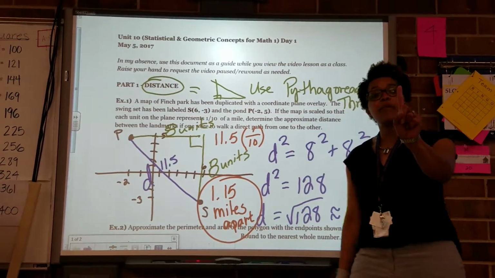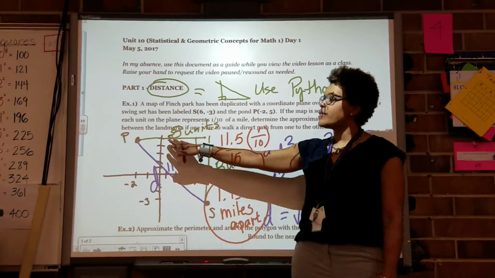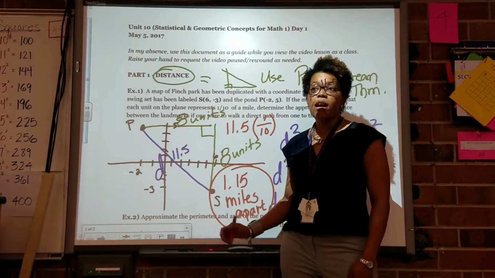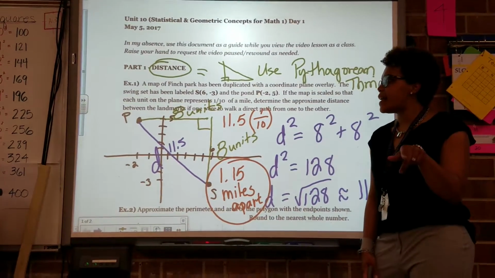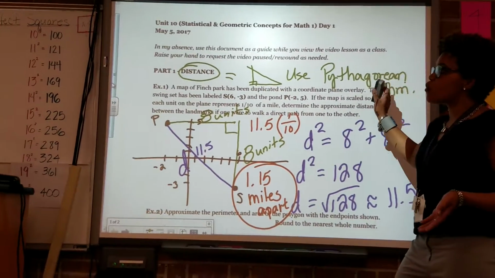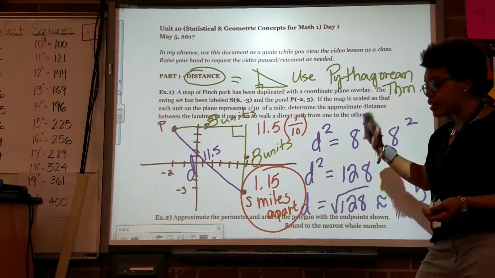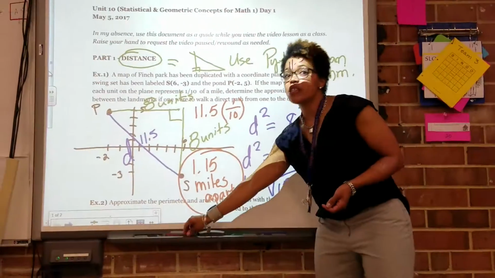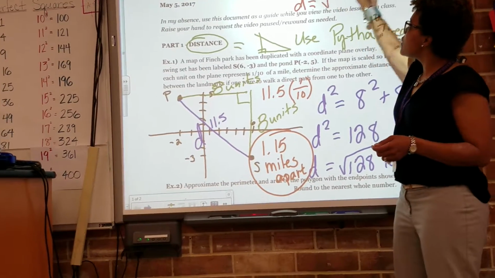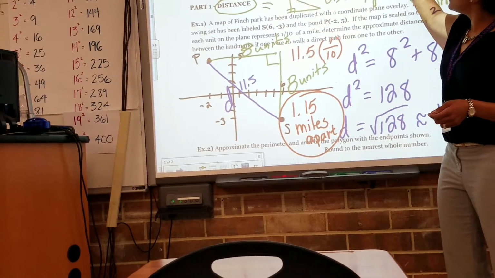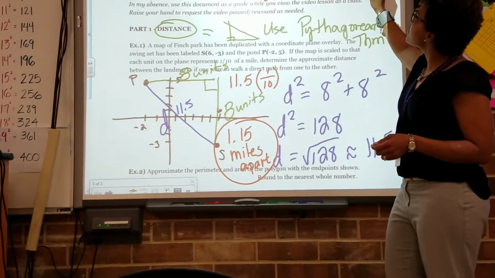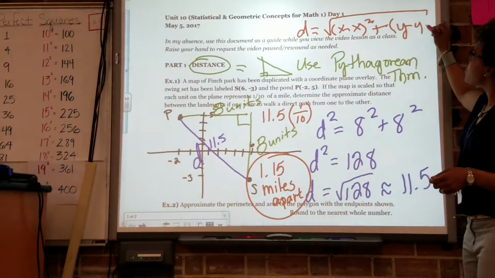Okay, so that's one example of how we can use what we know about the Pythagorean theorem to solve for the distance between points. The other thing, guys, is that when you go to the high school next year, you will have some people who don't think about the fact that you know the Pythagorean theorem, and they may tell you the distance formula looks like this: the square root of your horizontal change squared plus your vertical change squared.